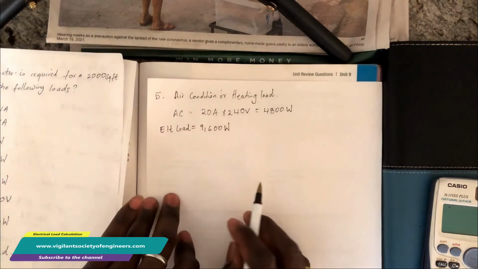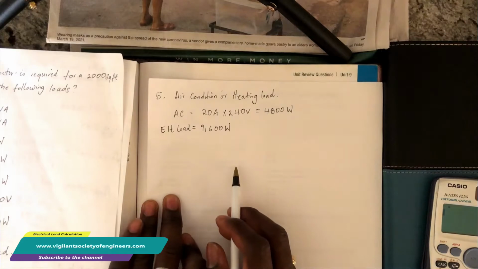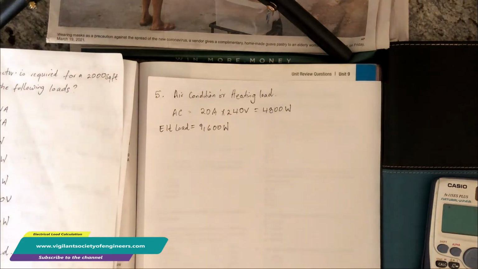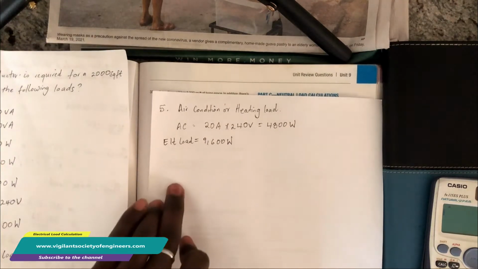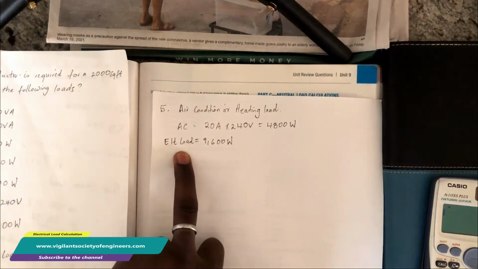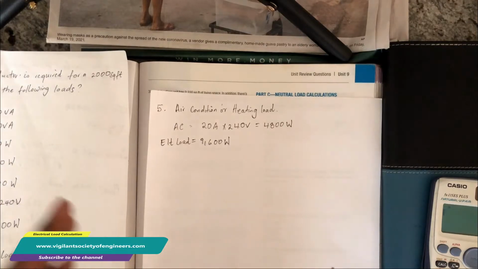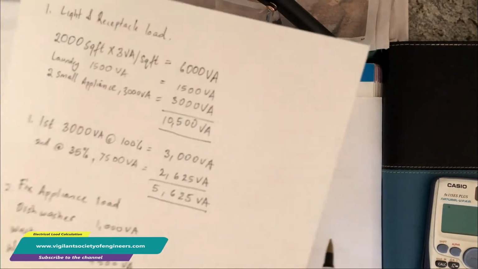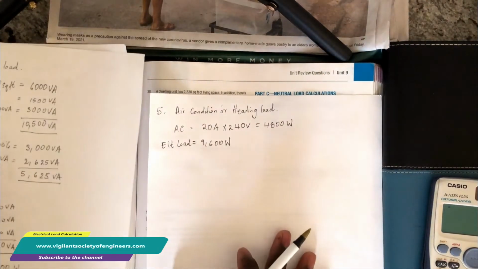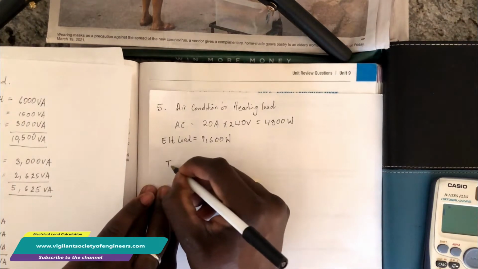So we're going to take 9,600 watt. This would be the final load in determining our service size or total load. We're going to add all the loads together, so this is now our total demand.